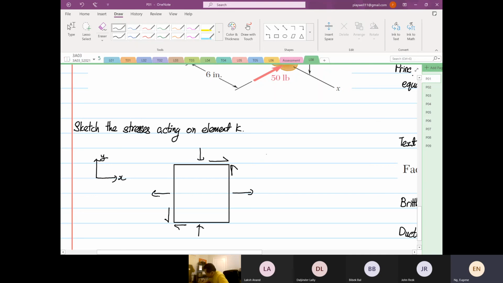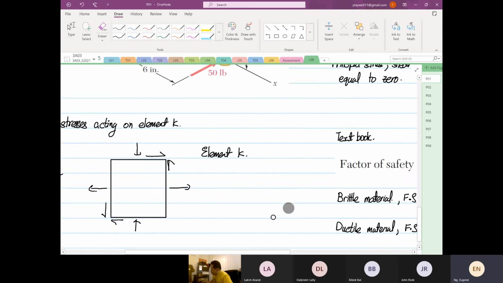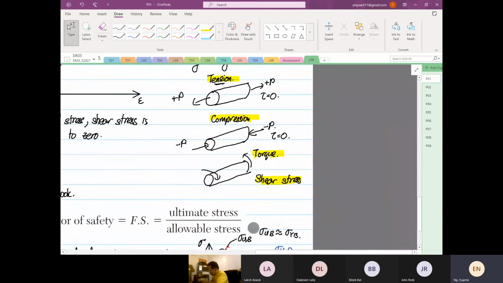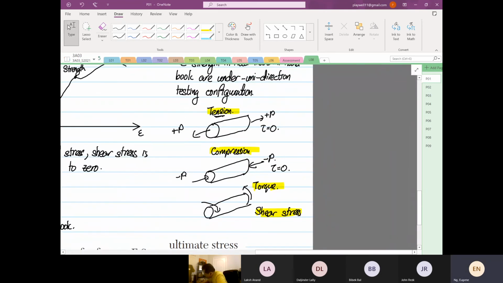So this is how the stress are acting on element K. Now if I draw the element for tension, it is just in tension. If I draw the element for compression, it will just be compression. And if I draw the element during testing, it's just shear.